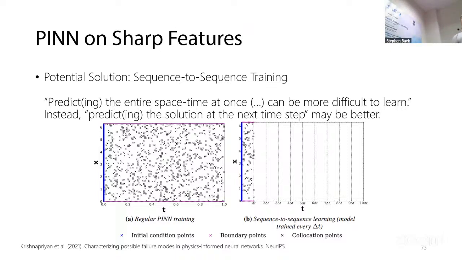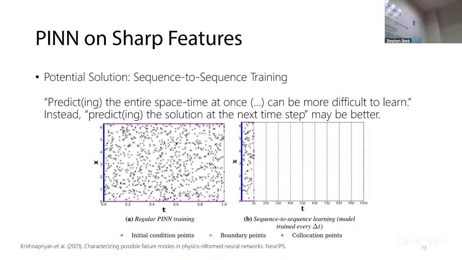For that, a typical resolution of that problem is either of these two. One is what's called sequence-to-sequence training. Instead of having the ambitious goal of predicting everything over the entire space-time all at once, you can divide the problem into smaller sequences of time.